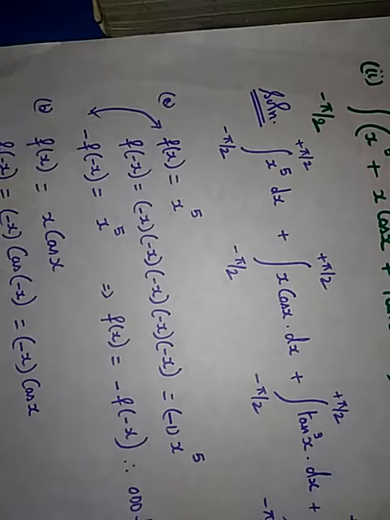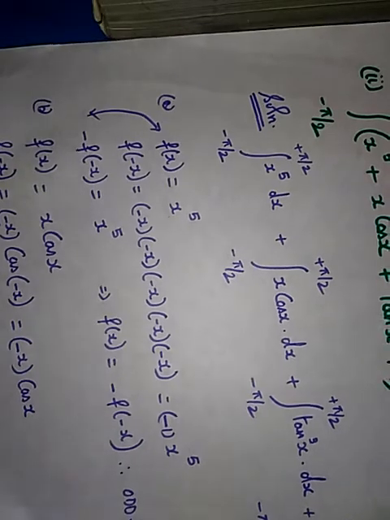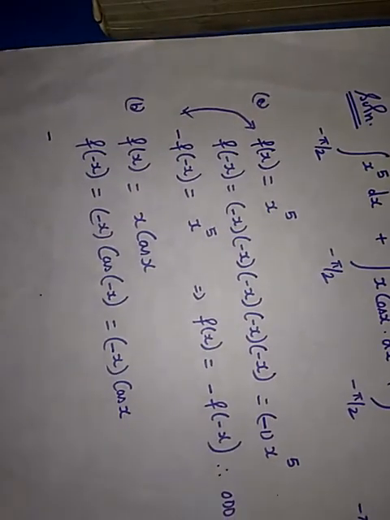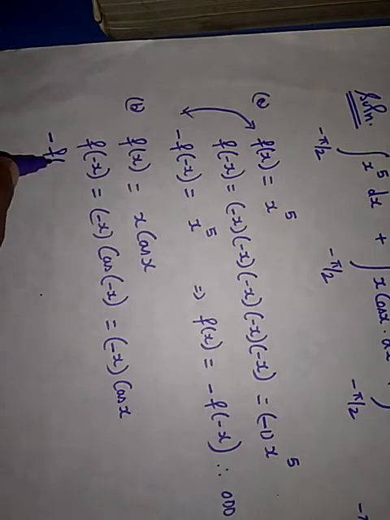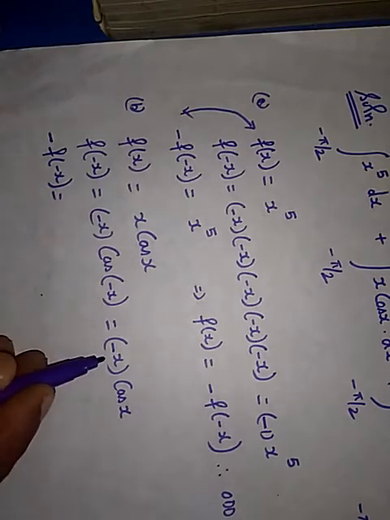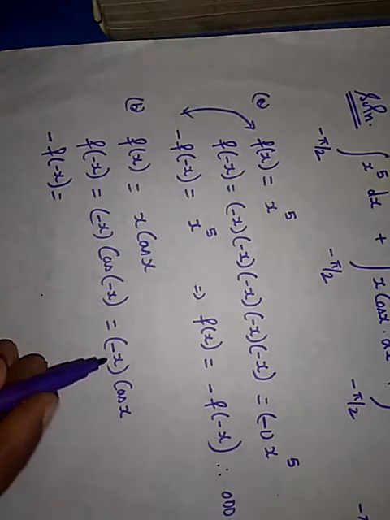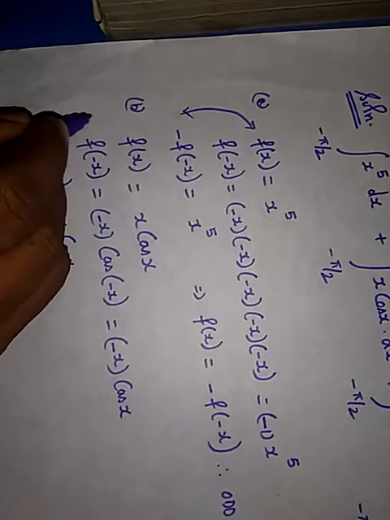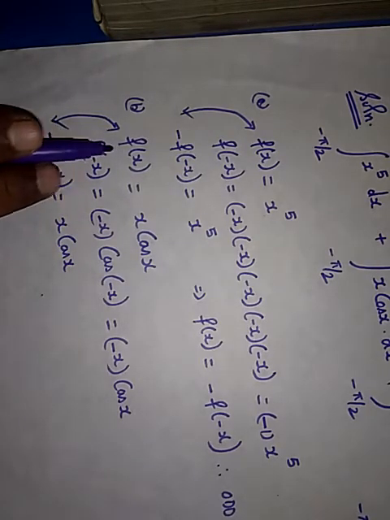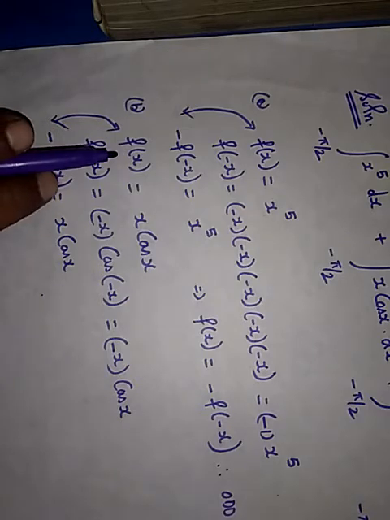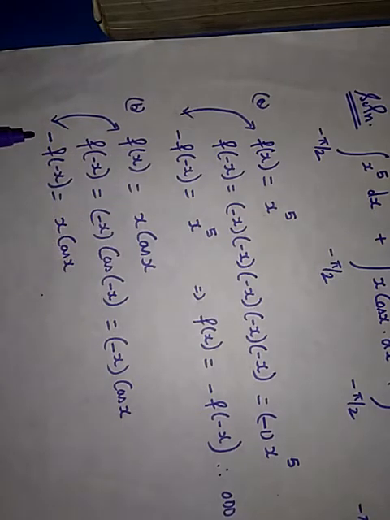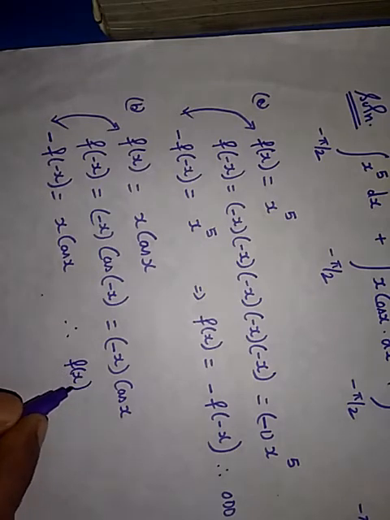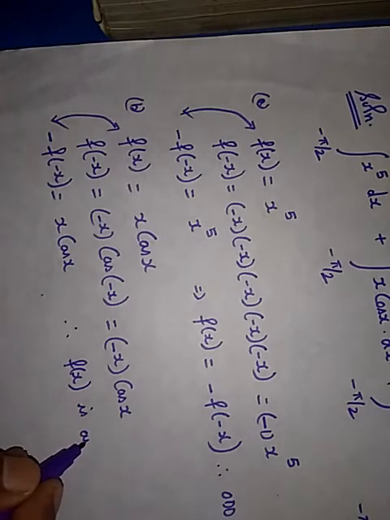Now multiply by minus 1, that is minus f of minus x. So minus into minus will become plus, so x cos x. Now compare these two relations. f of x is equal to minus f of minus x, because f of x is x cos x and minus f of minus x is also x cos x. Therefore f of x is an odd function.